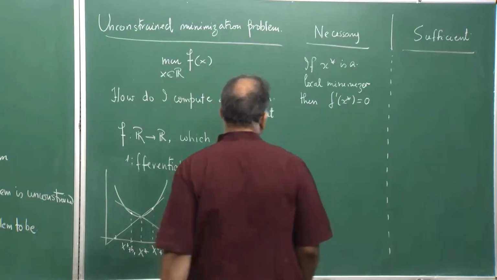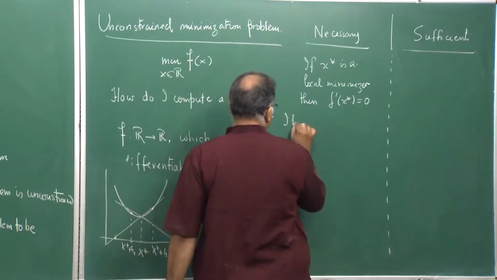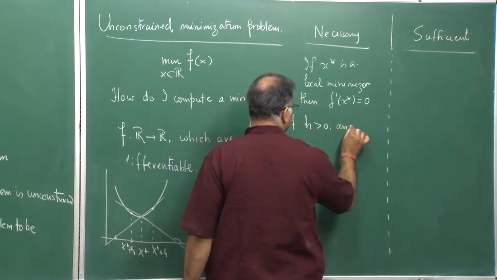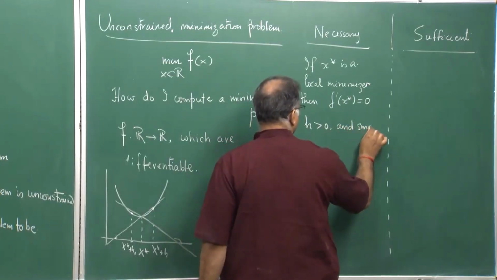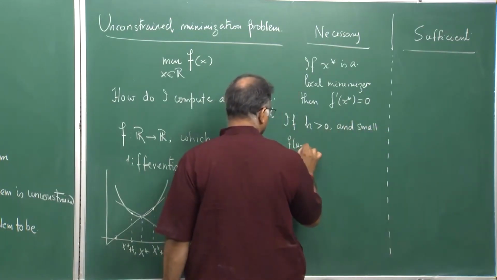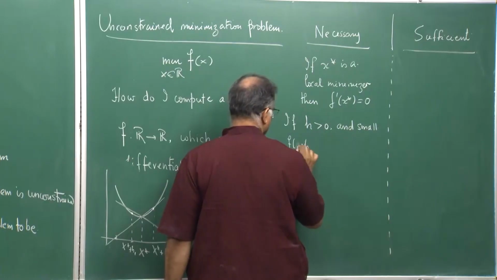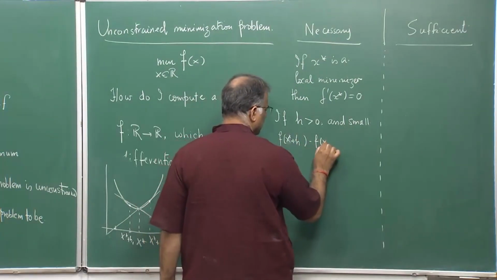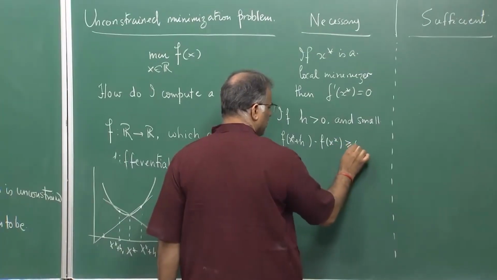So, what happens is that if h is positive and small, within a given neighborhood, that is the meaning. So, f of x star plus h minus f of x star is greater than or equal to 0.